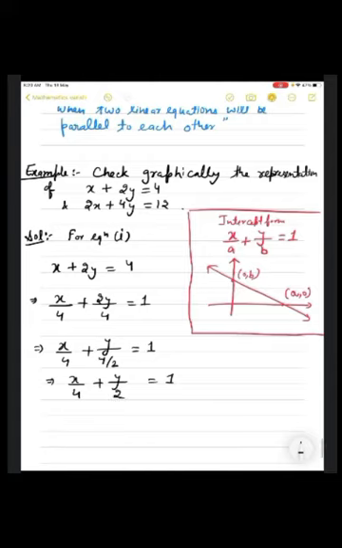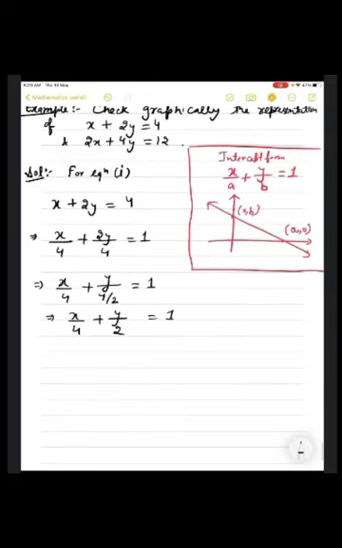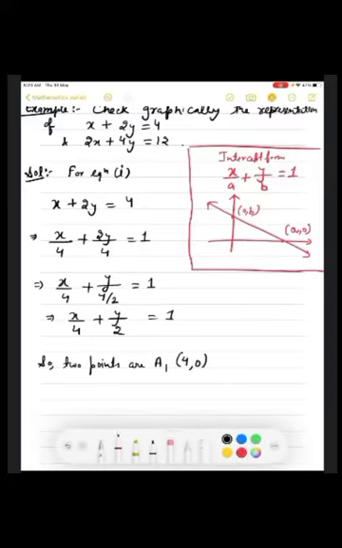So what are the 2 points we are going to plot? So 2 points are a1 and b1. बताओ इक्वेशन 1 के लिए a1 और b1 क्या होगा? a1 पॉइंट होगा 4,0. Why 4,0? Because a is 4. What is b? 2.